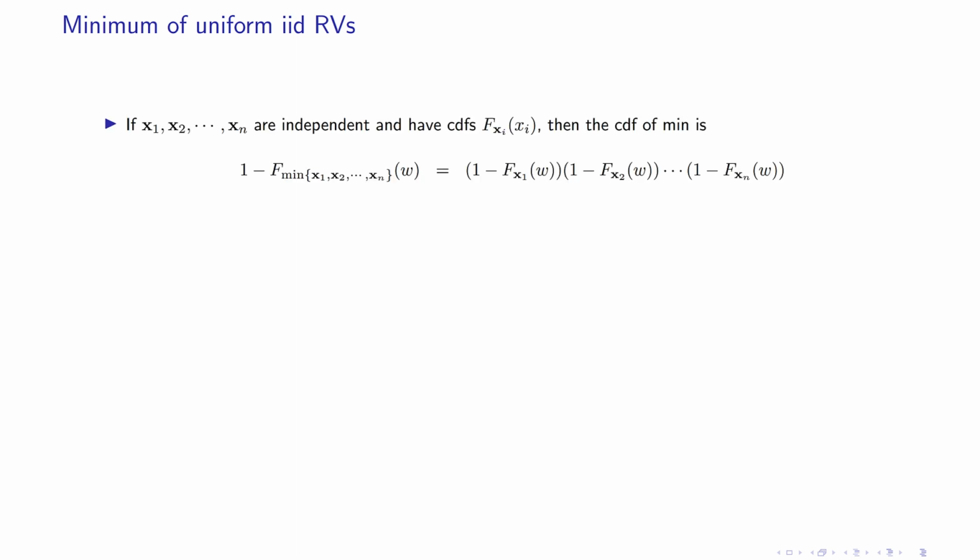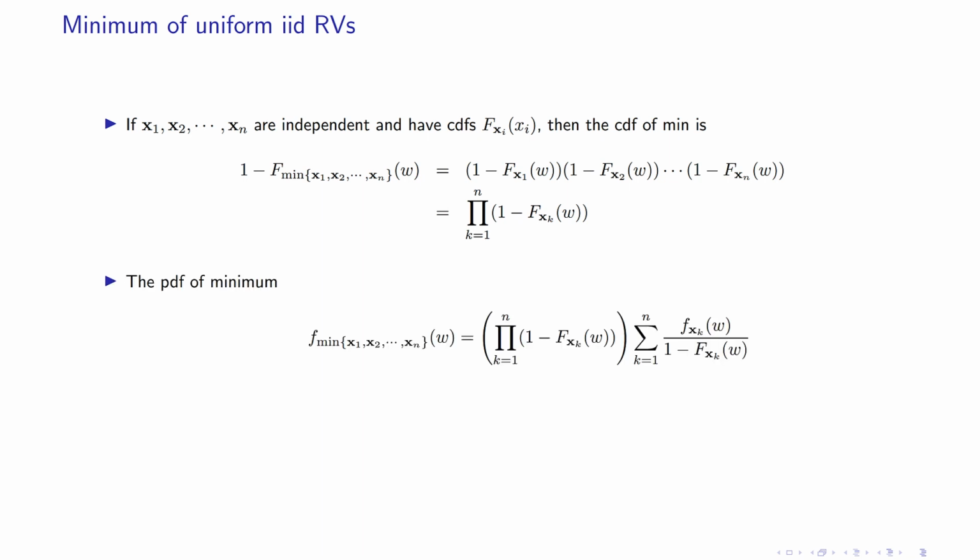Now, let's look at one example. Suppose that you have some identically distributed and independent random variables. The complementary CDF of the minimum is equal to the product of the complementary CDFs.